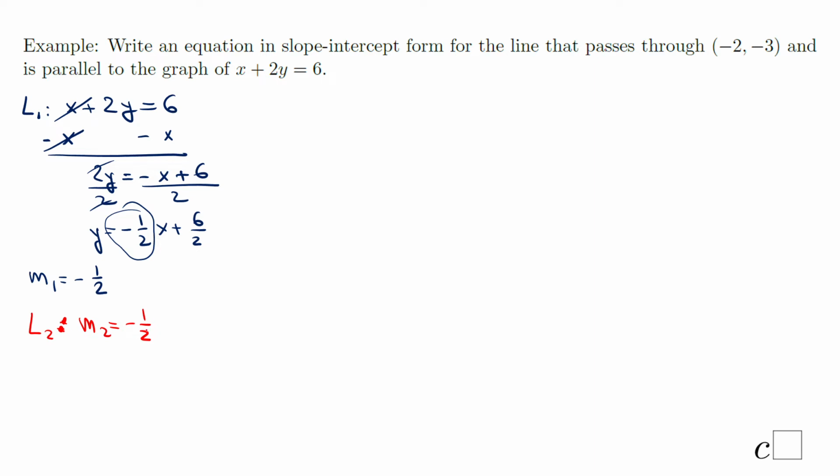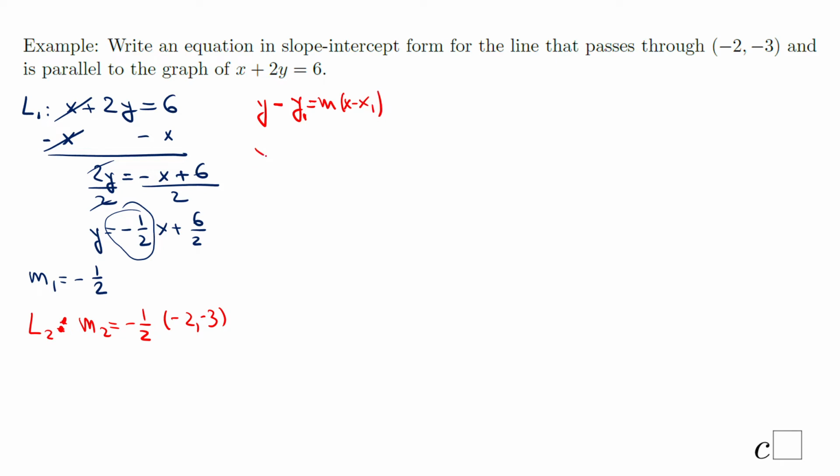And it goes to the point (-2, -3). So we're going to get y minus y1, that is the point-slope form, if you remember, equals m times x minus x1.